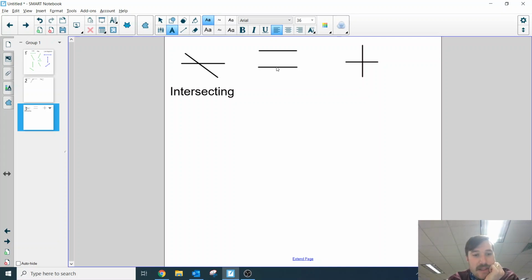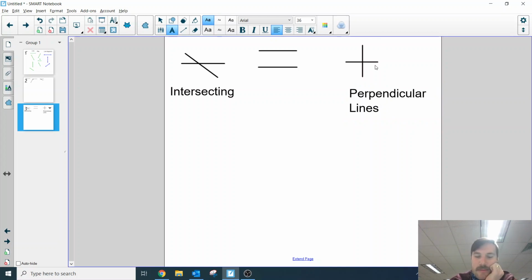We also have lines that intersect at a certain angle. So these two lines here, they intersect perfectly at this angle we call 90 degrees. So since these two line segments run into each other at 90 degrees, we would call them perpendicular lines.